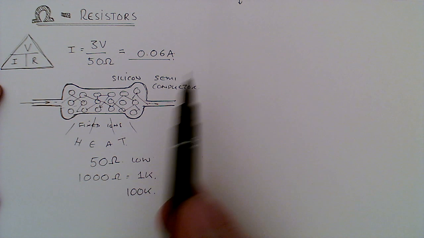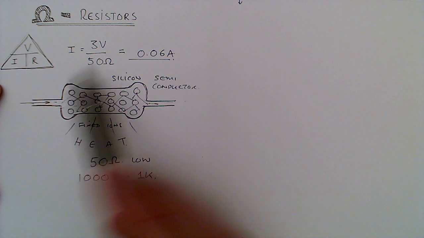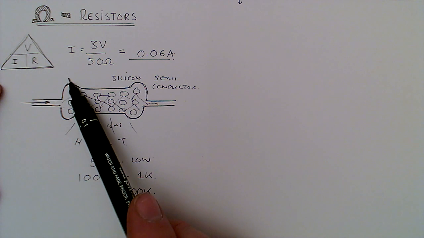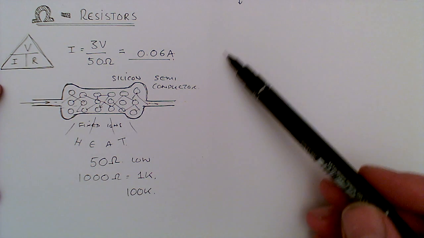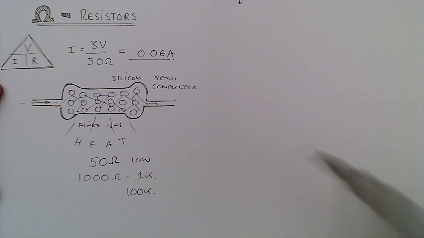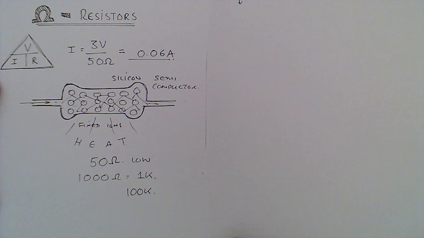And what we're going to do is have a look at an example of how you would select a particular resistor for a given situation, as an example of how to apply Ohm's law, but also how to make a decision in a circuit, and also answering a typical exam question.